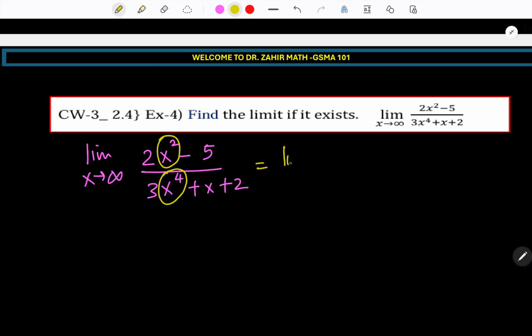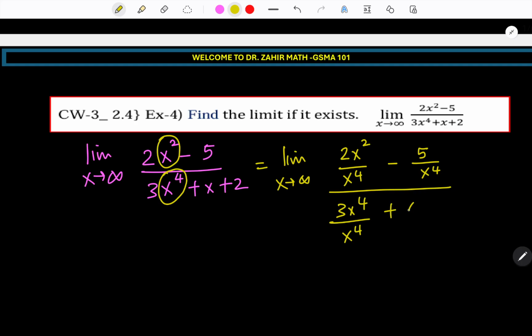So this equals limit x tends to infinity of 2x square divided by x power 4 minus 5 divided by x power 4, over 3x power 4 divided by x power 4 plus x divided by x power 4 plus 2 divided by x power 4.